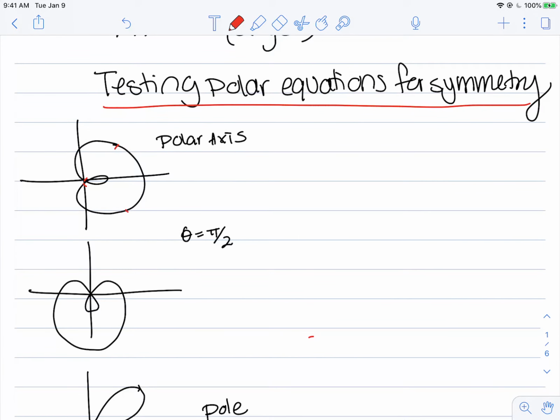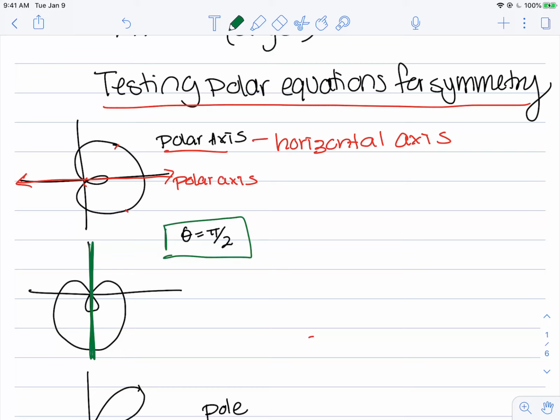We've talked about polar axis symmetry, right? The polar axis is the horizontal axis. So here's an example of a graph that has polar axis symmetry. We've talked about symmetry with respect to the vertical axis, so we call that symmetry with respect to the line theta equals pi over 2.